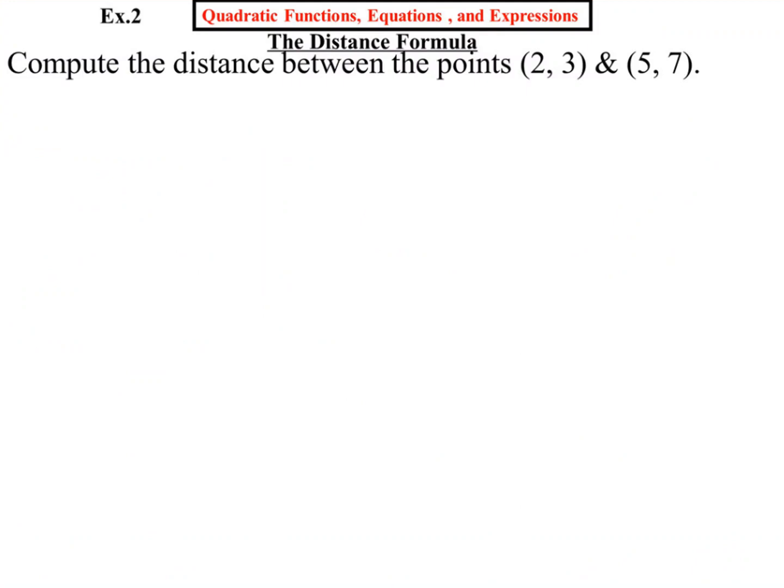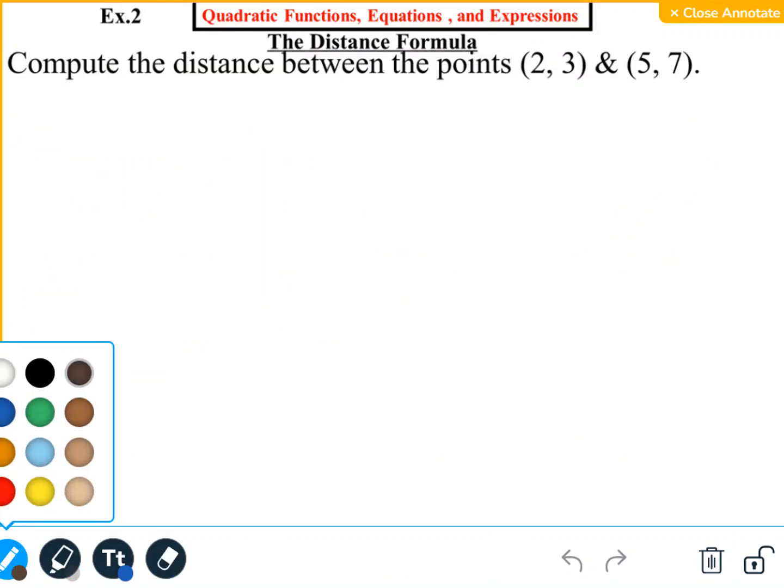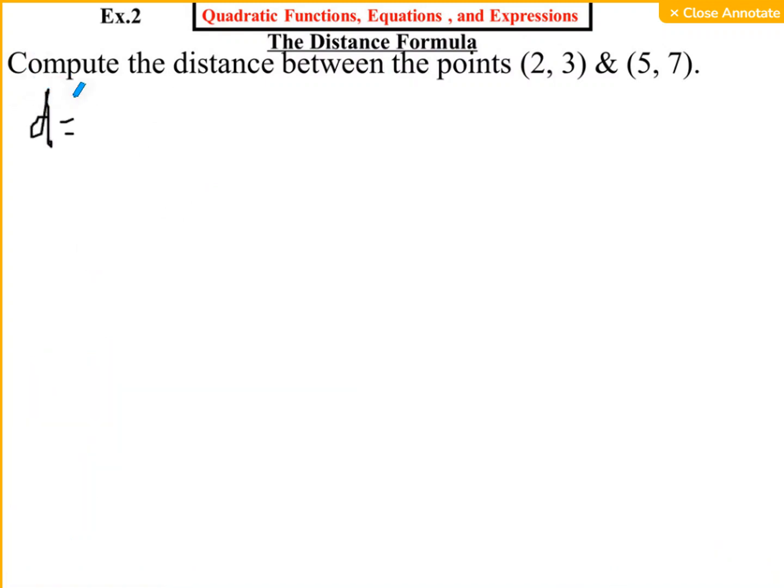All right, example number 2, compute the distance between the points (2, 3) and (5, 7). Let's do this one together so you guys can see exactly what to do. First things first, they want the distance. That means you write your formula.